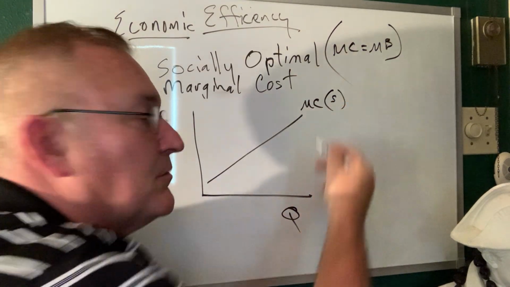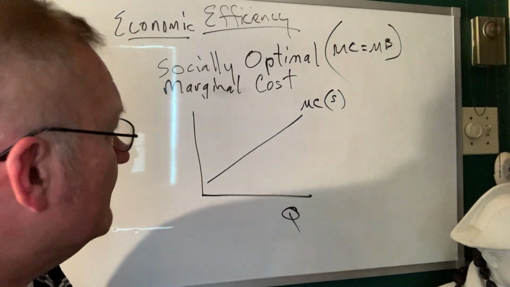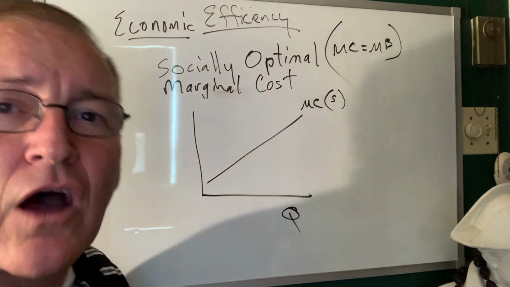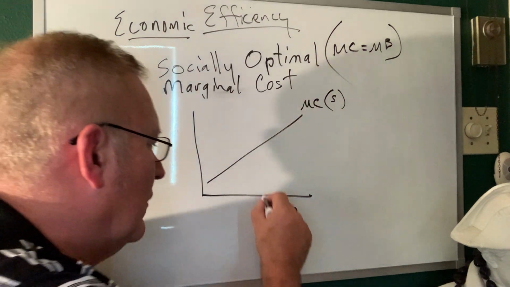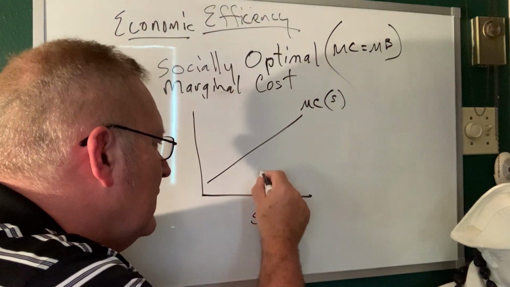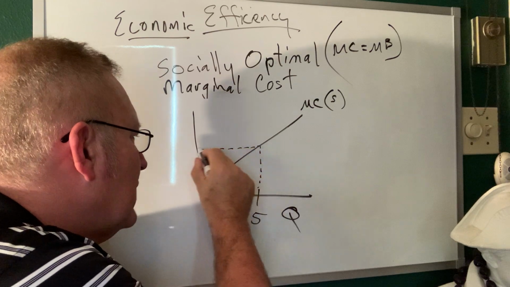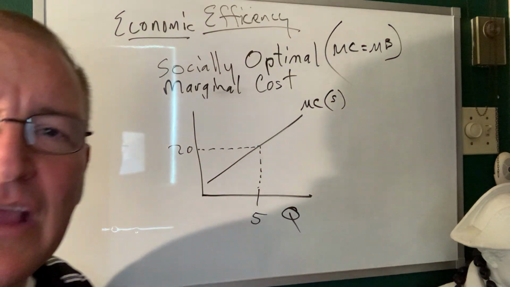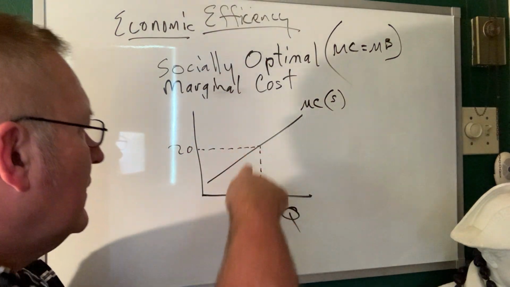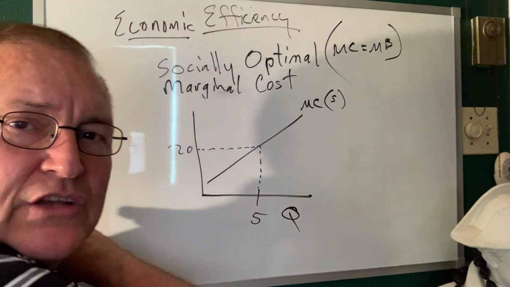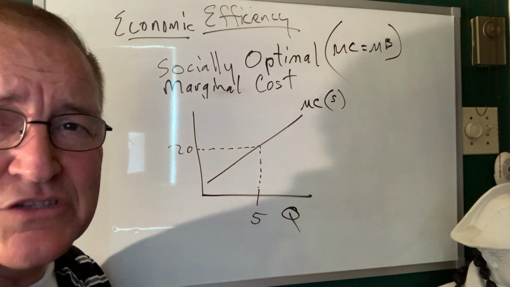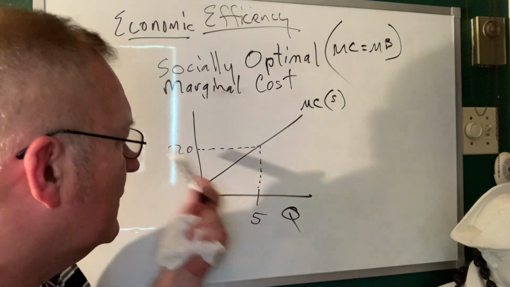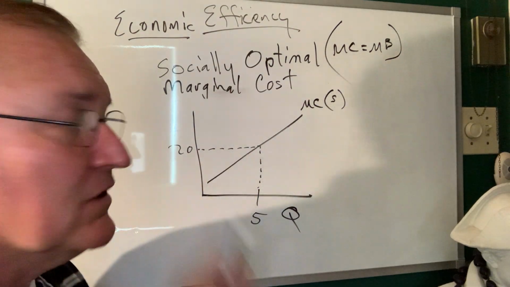That looks a lot like a supply curve, right? And in fact, we can think of marginal cost curve or supply curves as the same. So again, I can say, what is the marginal cost of, say, the 5th increment or unit? And again, if I change this from cost to price and actually have dollar values out here, then I can say the marginal cost of that 5th increment is 20.